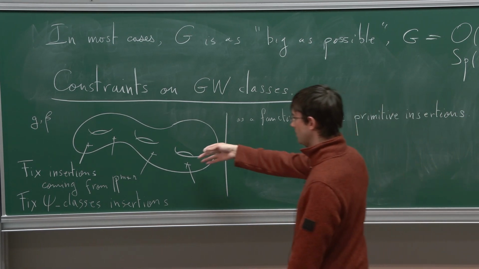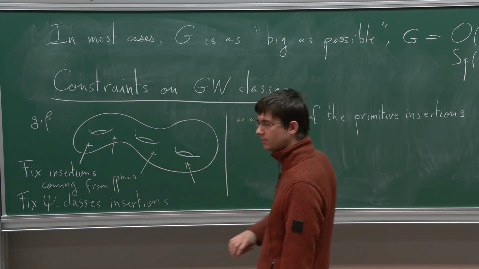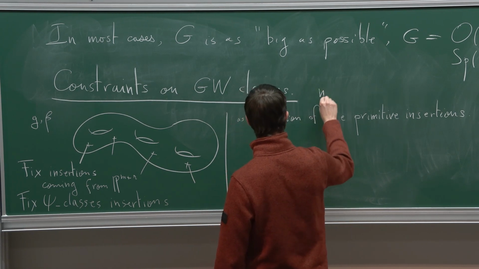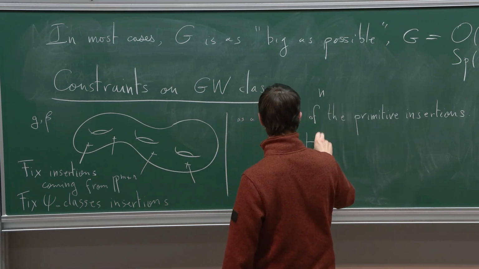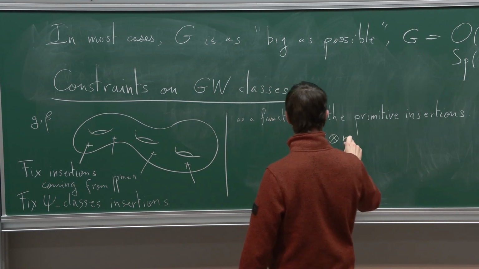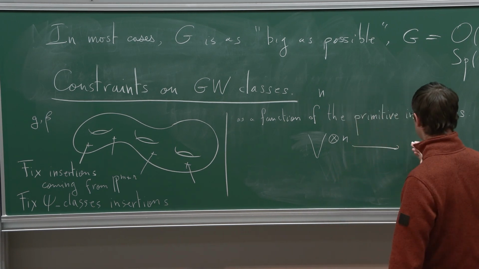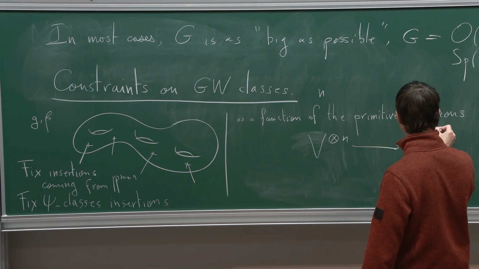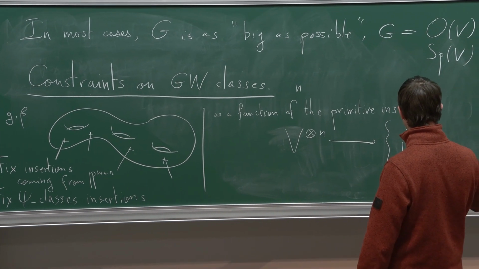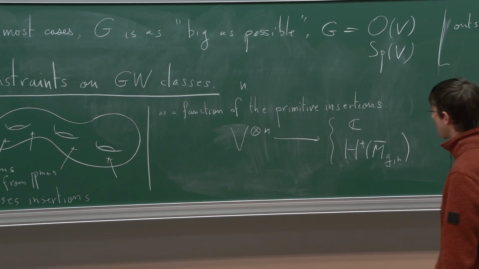There is some number of marked points at which I insert things coming from projective space, some other number, let's say n of them, where I insert primitive things, and then I just get a map from V tensor n, the n primitive insertions, to either complex numbers, if I look at Gromov-Witten invariants, or cohomology of M_{g,n} bar, if I look at Gromov-Witten classes.